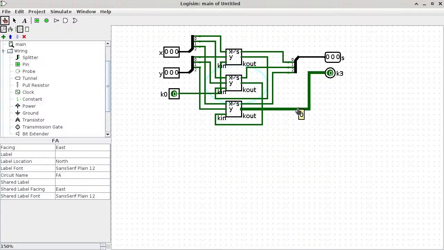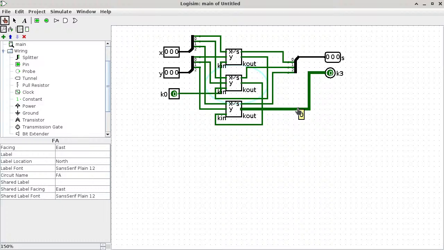So that means this has a rippling effect because we start off with bit 0, but until the full adder responsible for column 0 is done, column 1 cannot start. Until column 1 is done, column 2 cannot start. So if each full adder takes some amount of time to do all the computation, the time taken by an n-bit adder is going to be proportional to n.